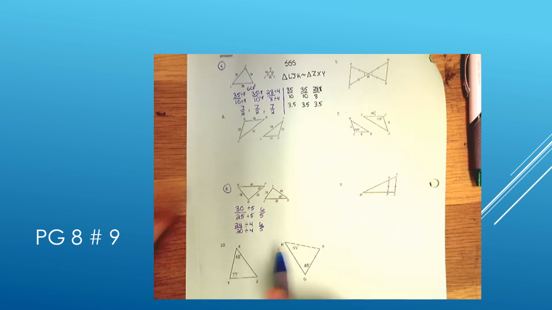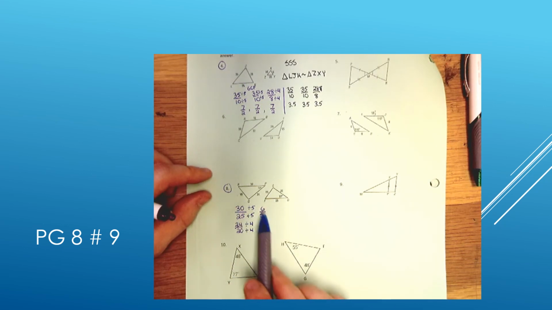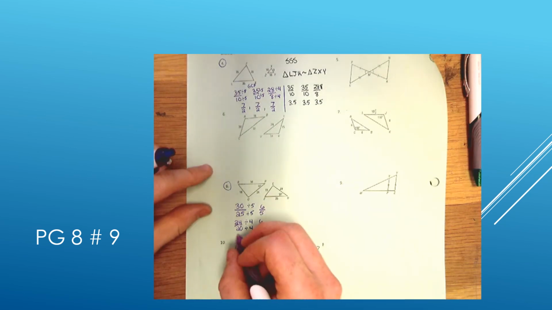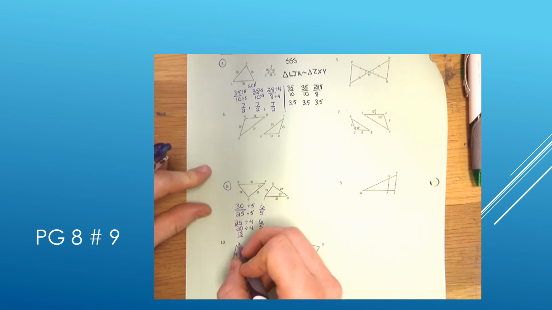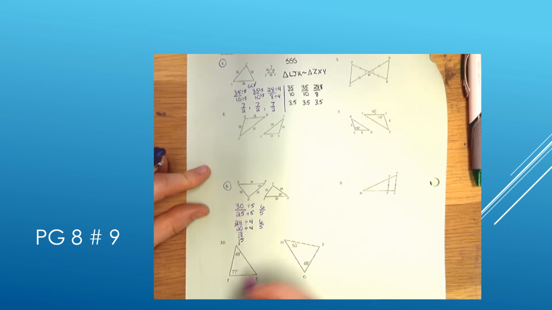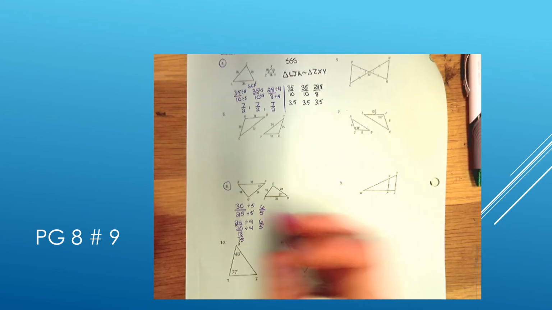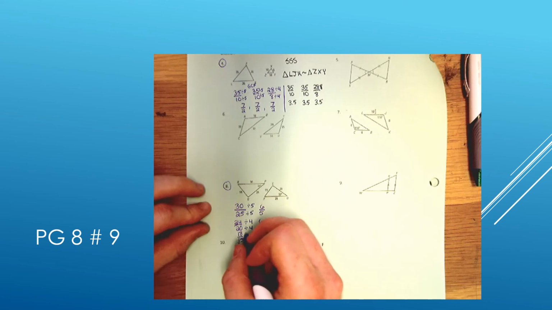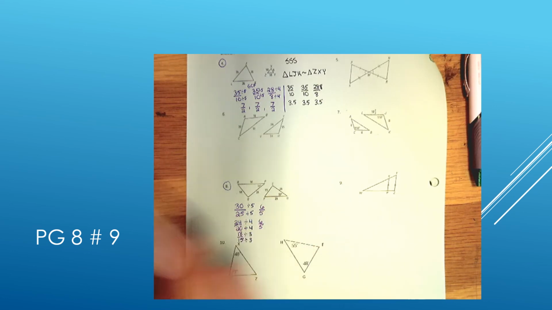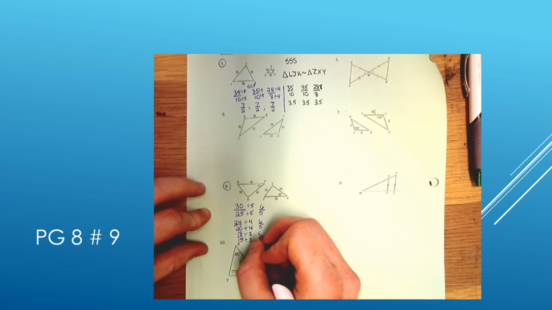I'm going to go ahead and check the last one, and the last one I have 18. So I'm going to do 18 over the smallest one here, which is 15. And I'm going to do the GCF of 3. And again get 6 over 5.